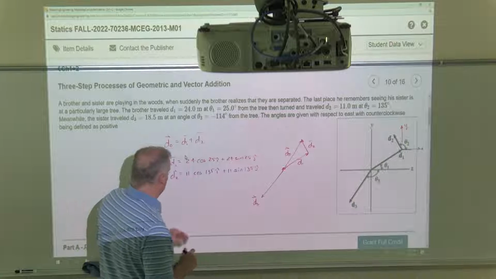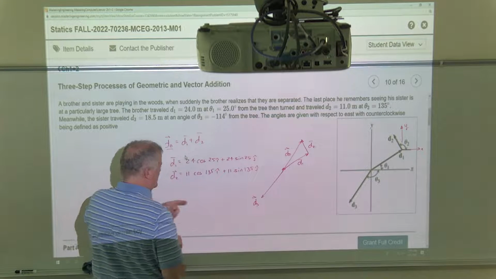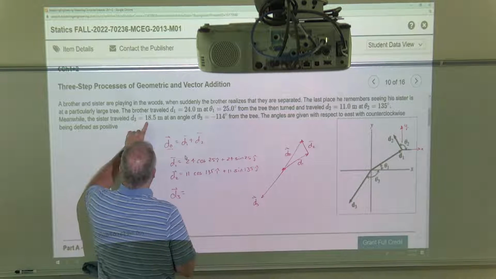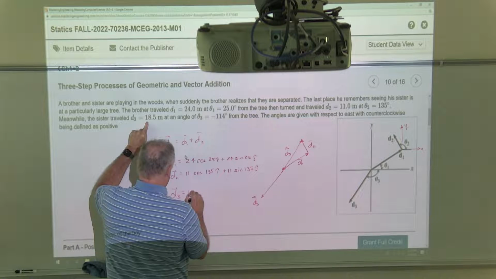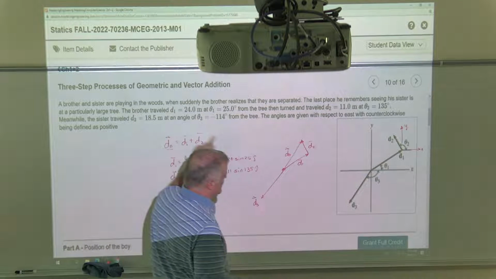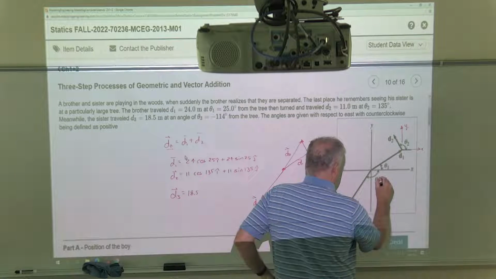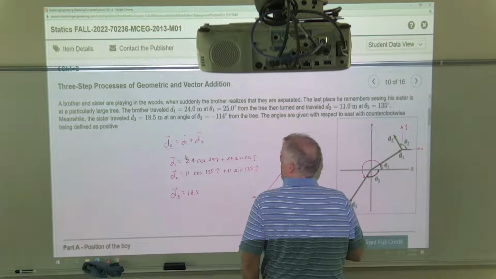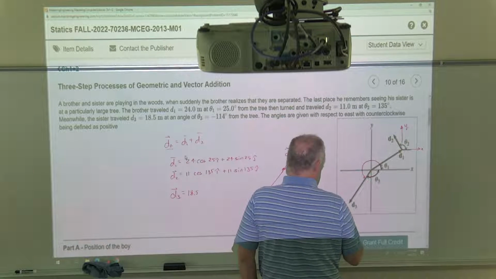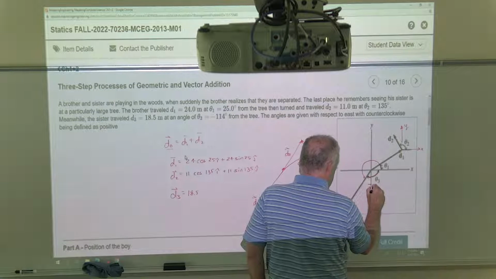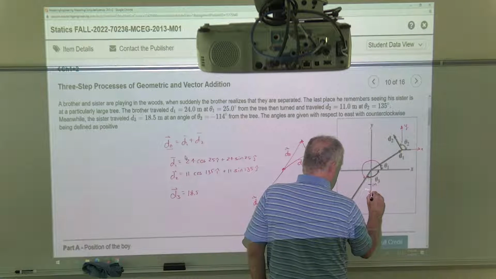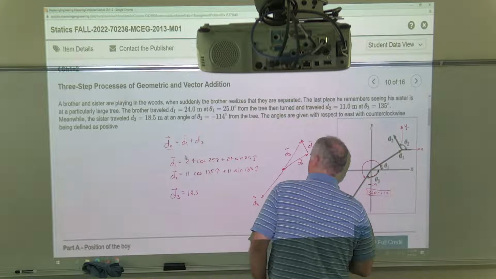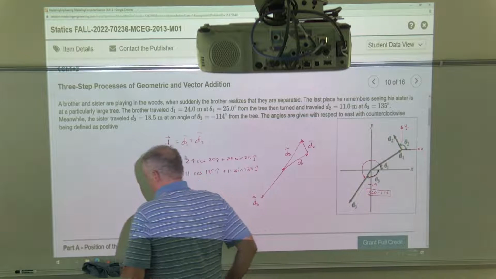Now, if you look at his drawing, we might as well do D3 as well, because you have to have it. D3 is 18.5. Is it measured with respect to that? No, it's measured this way. So I guess if you used it as minus 114, or 360 minus 114, we'll play with that for a minute.